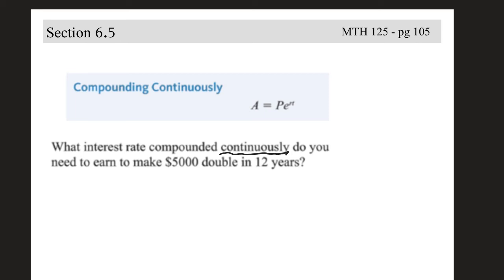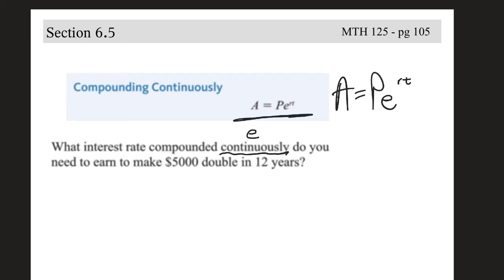So whenever you see continuously, I'm hoping that in your head you're thinking there's an e involved. This is a very simple formula. The amount equals the principal times e raised to the power of rate times time. Notice there's no n because the number of times compounded is continuously, and that is addressed with e.